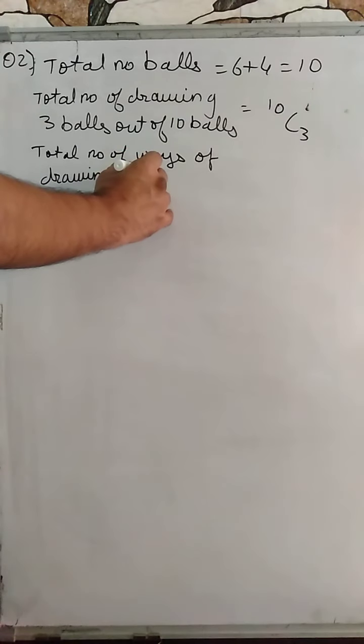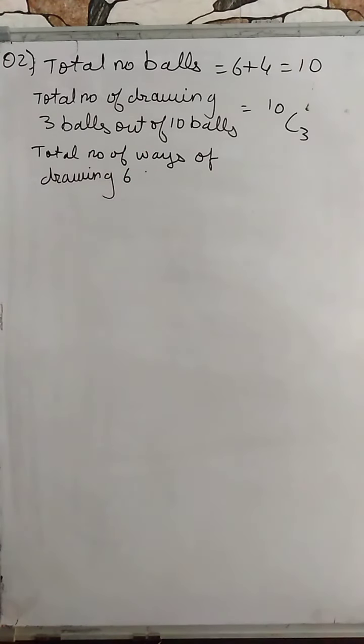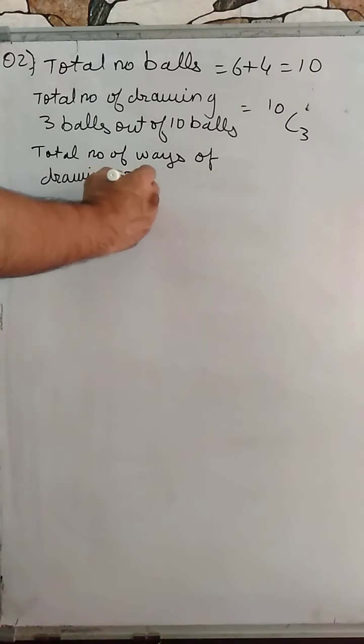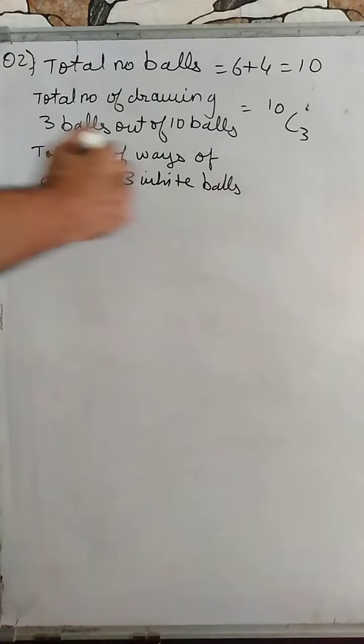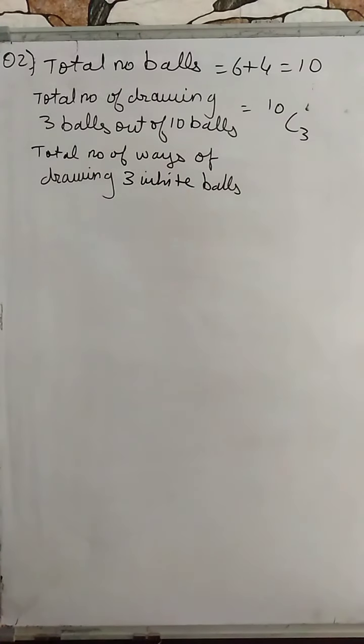3 white balls. We need 3 white balls. So let us find the total number of ways of drawing 3 white balls out of 6 white balls, because in the bag there are 6 white balls.